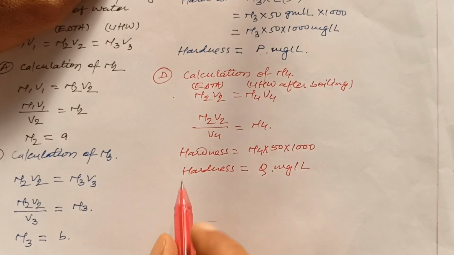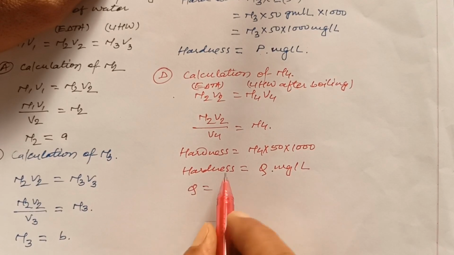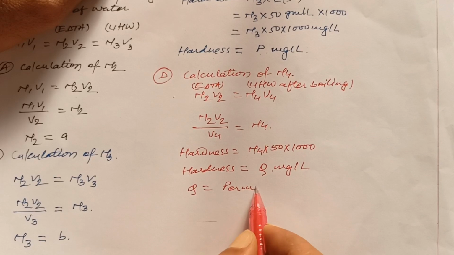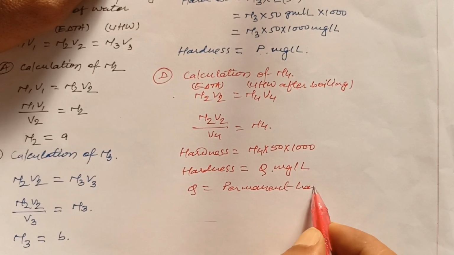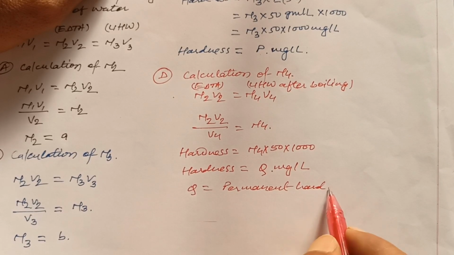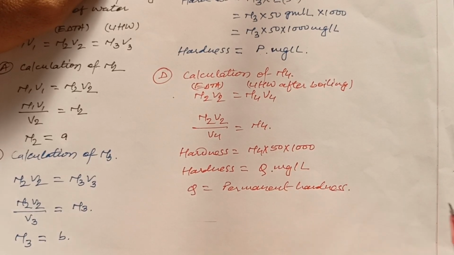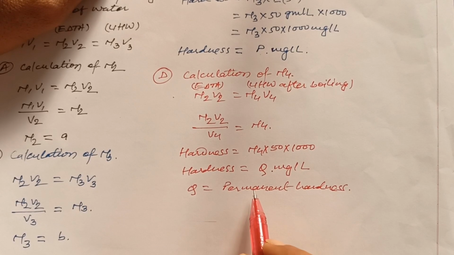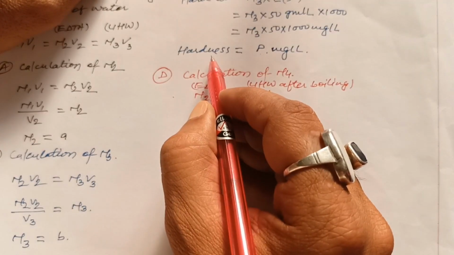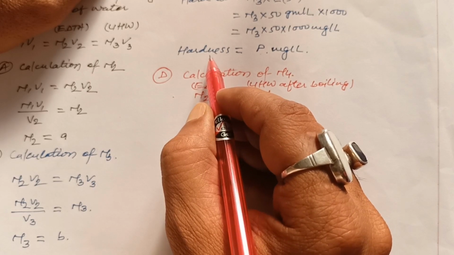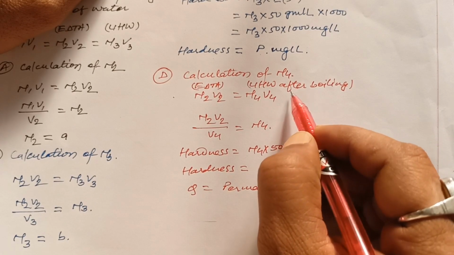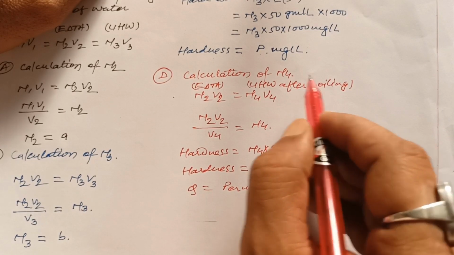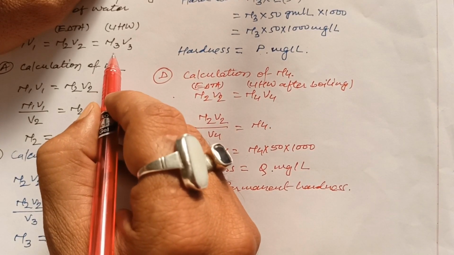So this hardness Q is a permanent hardness, because this hardness is obtained after boiling, and the other hardness was obtained before boiling of this water, that means the simple water sample.